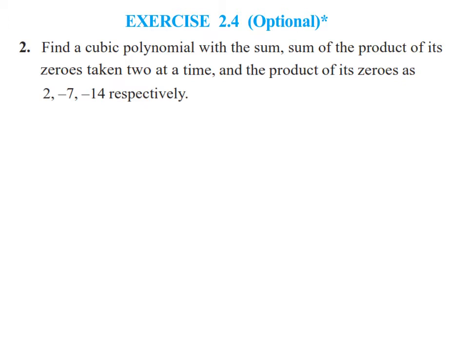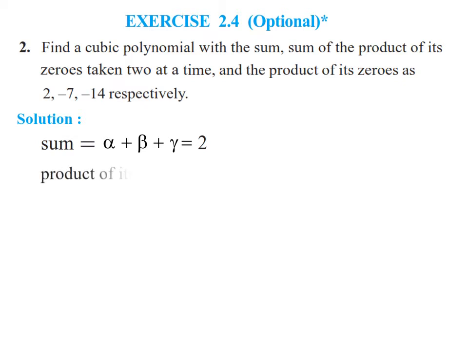So how can we solve this question? First of all, the solution. We have the sum, which is alpha plus beta plus gamma, equals 2. We are assuming alpha, beta, gamma are the zeros of the polynomial.